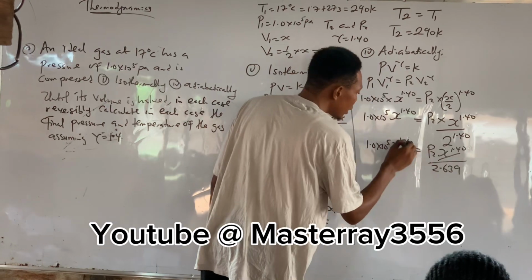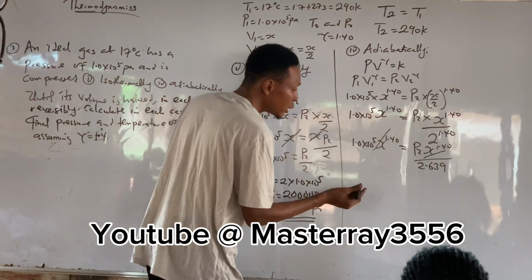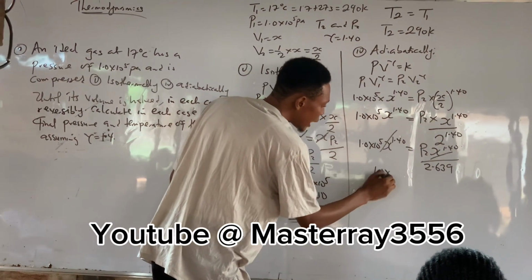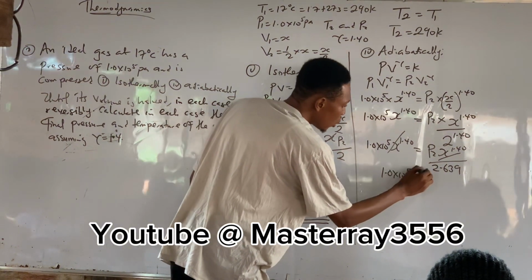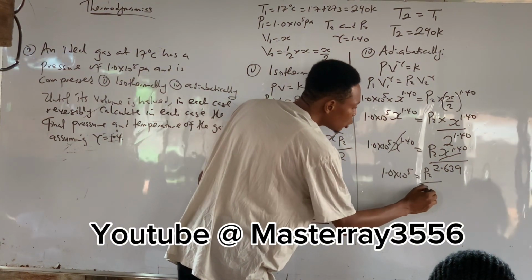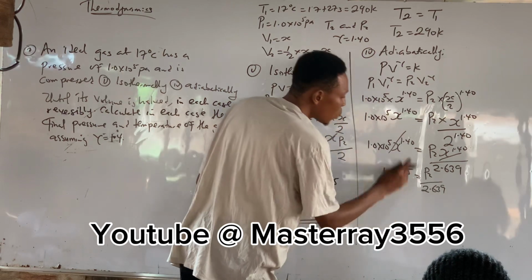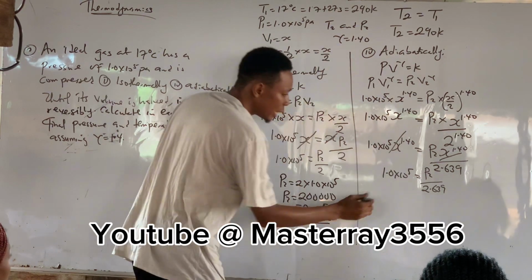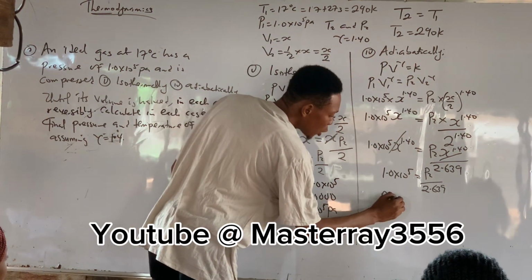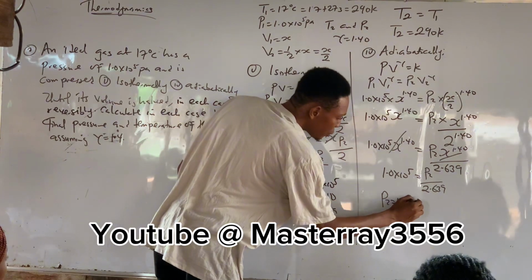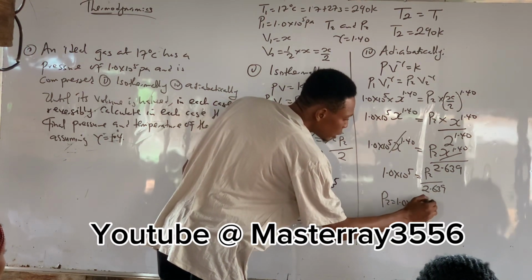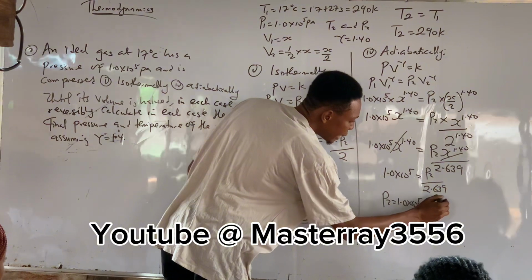So this cancels out this, is it not? What's left is 1.0 times 10 raised to power 5 equals P2 over 2.639. What do you do? Cross multiply. So our P2 will be equal to 1.0 times 10 raised to power 5 times 2.639.